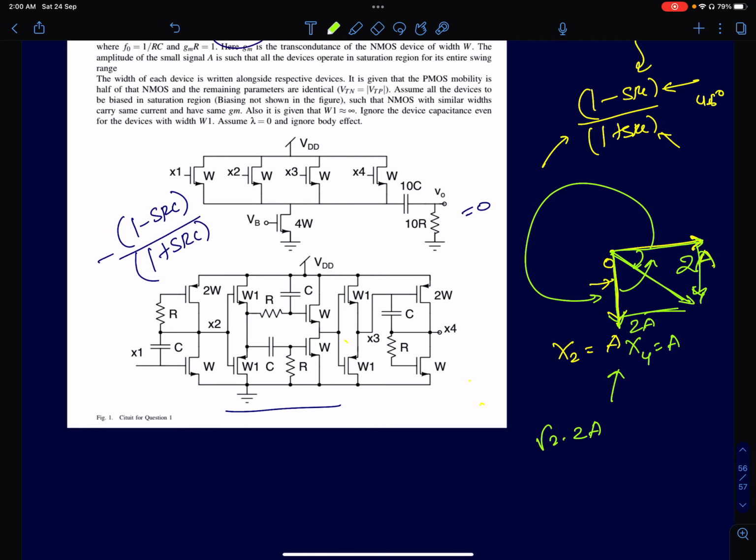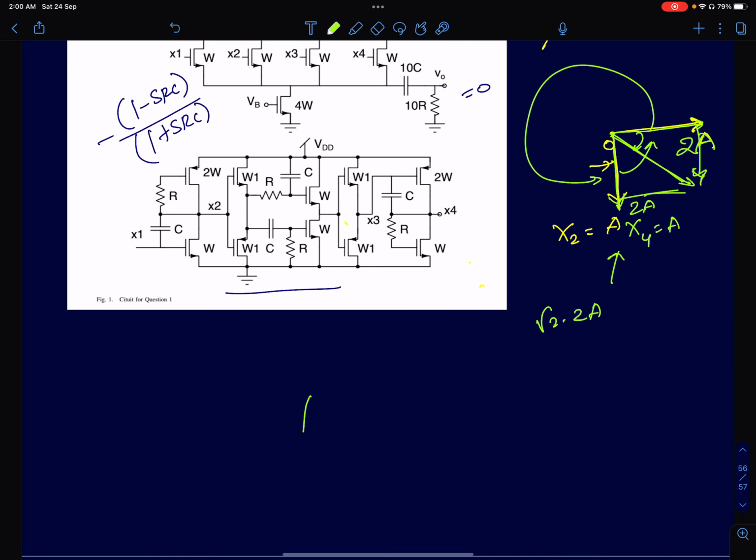So I can write, I'm feeding an input A cos omega naught t, where omega naught is 1 by RC. The output is going to be 2 root 2A cos of omega naught t plus pi by 4, or 45 degrees.